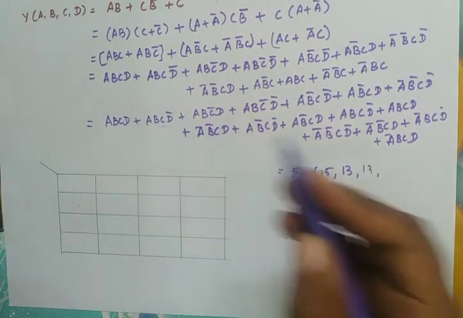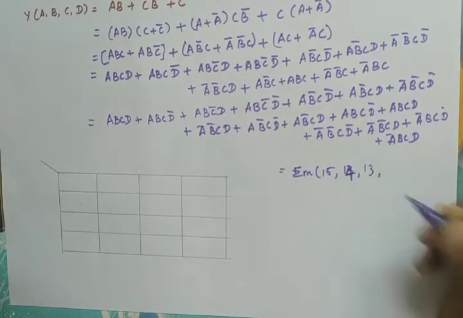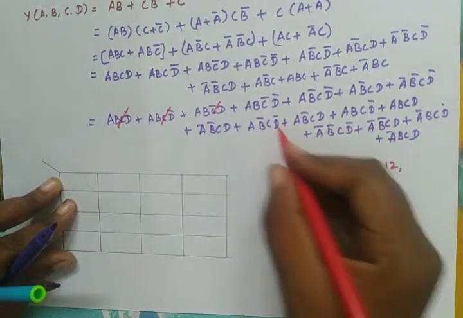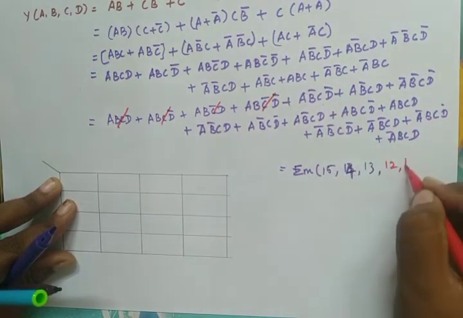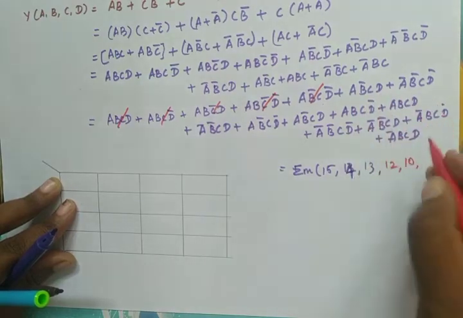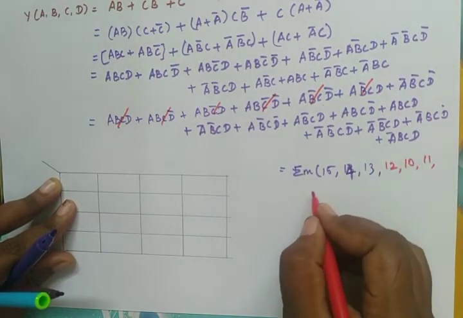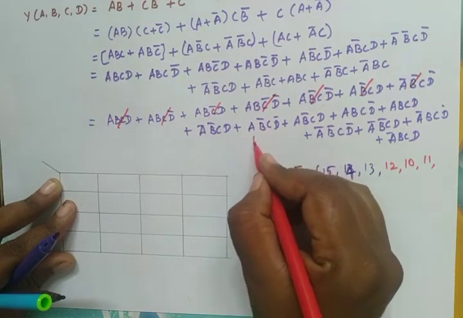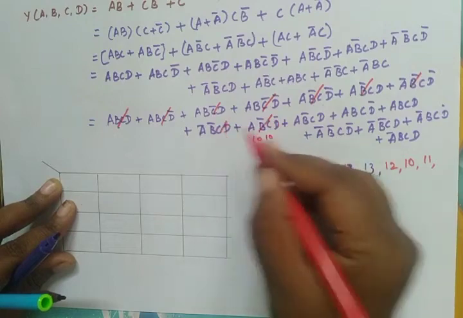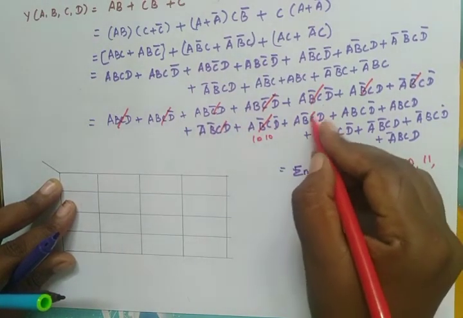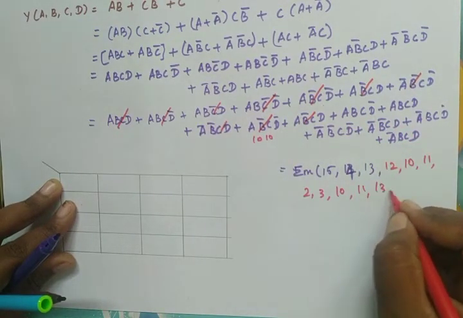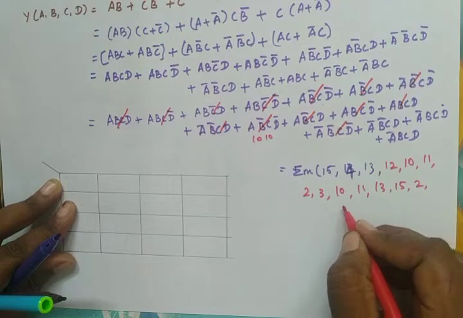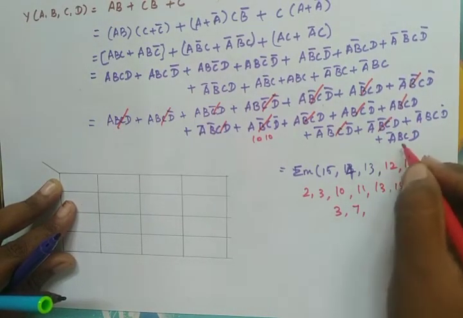So here 15, 14, 13, next 12, next 1010, 10, next 1011, 11, next 0010, 2, next 0011, 3, next 1010, 10, next 1011, 11, next 1110, 14, next 15, next 2, next 3, next 7, next 7.